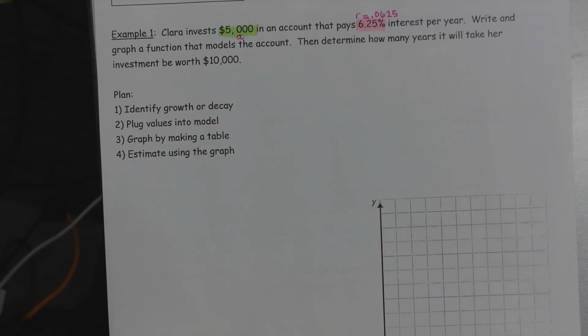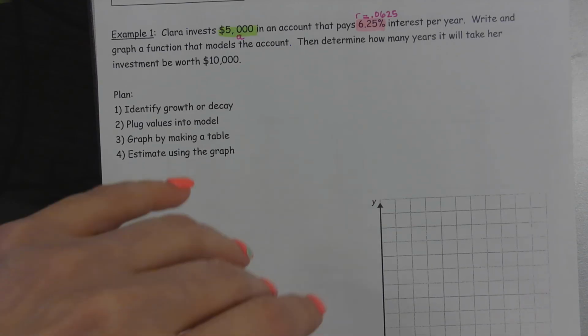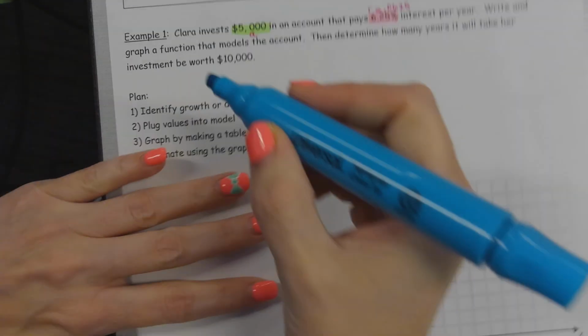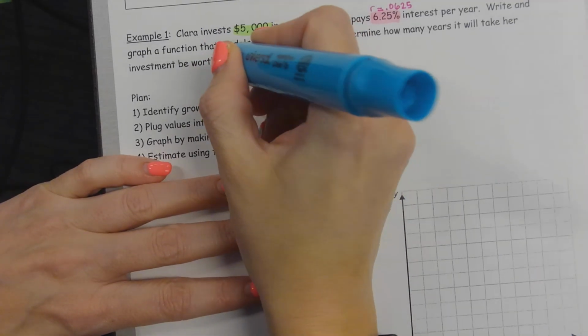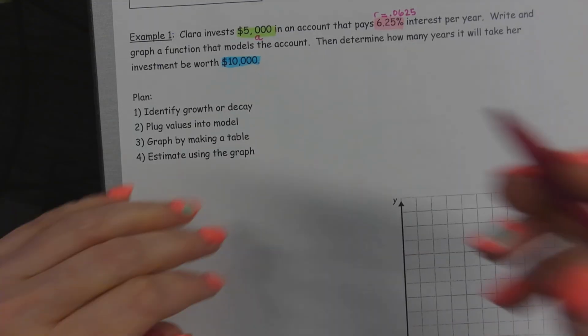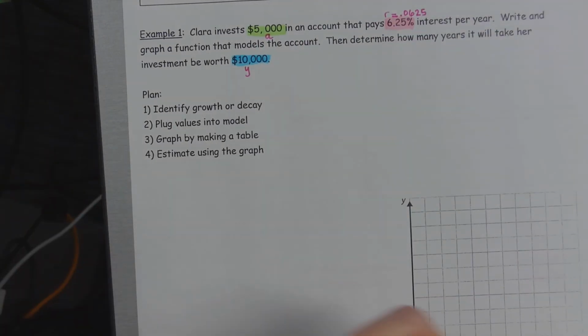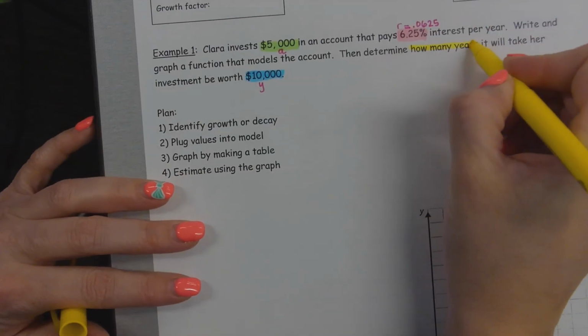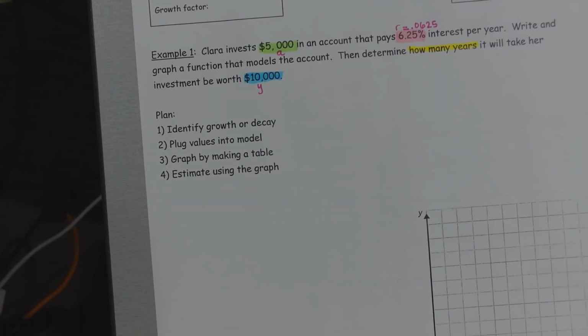Titan, what was the last thing that you highlighted? Okay, 10,000. And then what do you think we're gonna do with that? Great. Okay, that's your final amount. Nice work. All right, now what this is asking you is determine how many years it will take her investment to be worth 10,000.